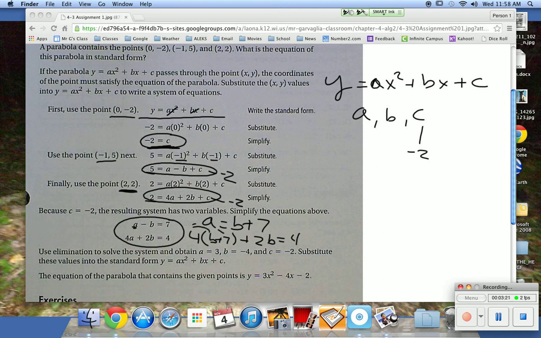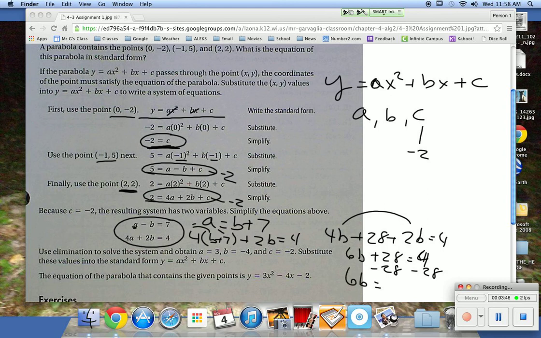Distribute through on this one here. 4b plus 28 plus 2b equals 4. Combine my like terms. 6b plus 28 equals 4. Bring my 28 over. 6b equals -24. b equals -4.